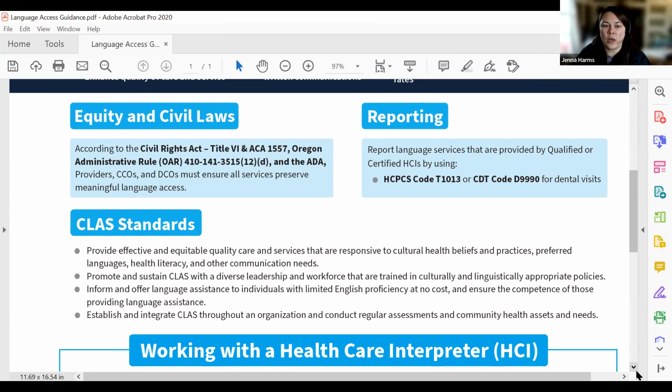There are structures to help promote and support a diverse workforce and leadership, how staff are trained and deliver culturally and linguistically appropriate services, and how within different agencies there are policies to ensure that those services are being offered and delivered appropriately.